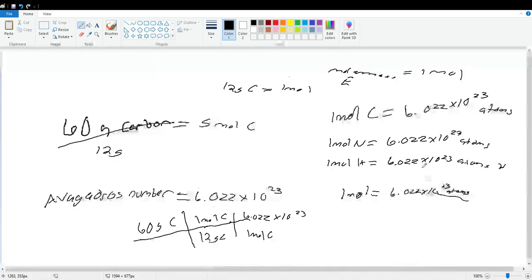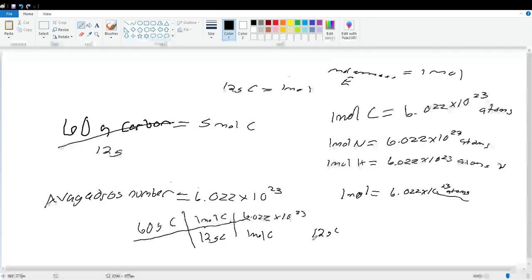So going off of the problem we did in Part 1, actually, if you have 1 mole of carbon, if you have 12 grams of carbon, how many atoms would you have?